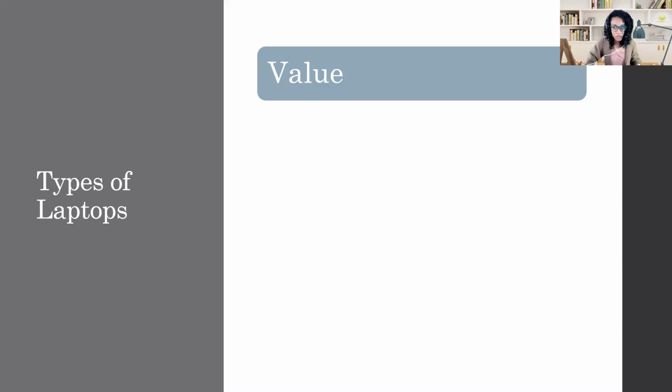Value laptops generally are going to have lower price tags with lower performing hardware, less storage, and less memory for people that only do basic computing, like a few hours of internet browsing, playing a movie, or writing some papers. When I was in high school, a value laptop was perfect for me because literally all I would do was go on social media, watch YouTube, and write an occasional paper. That was just perfect for me. That's all I needed for that purpose.